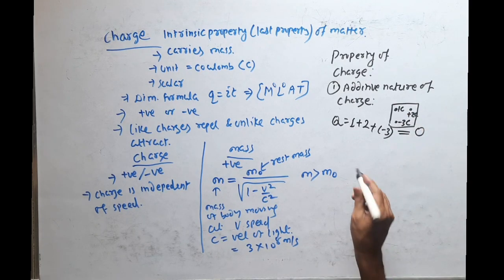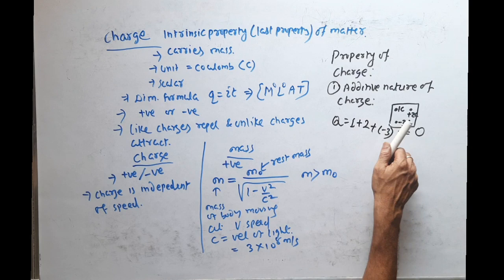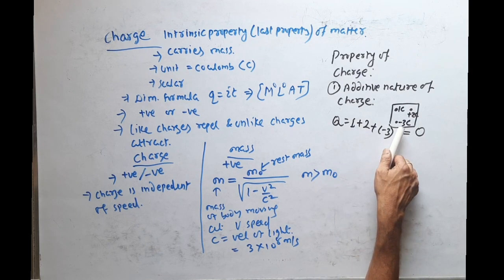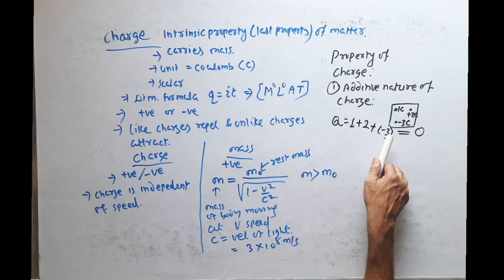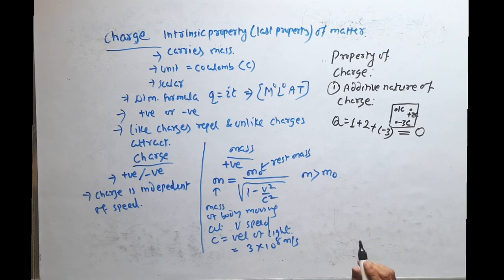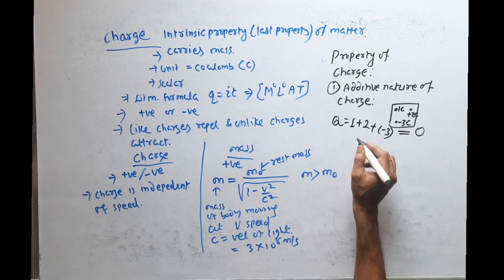So we can say the total charge of a body is equal to the algebraic sum of charges located at different positions inside the body. So you may write the note also.